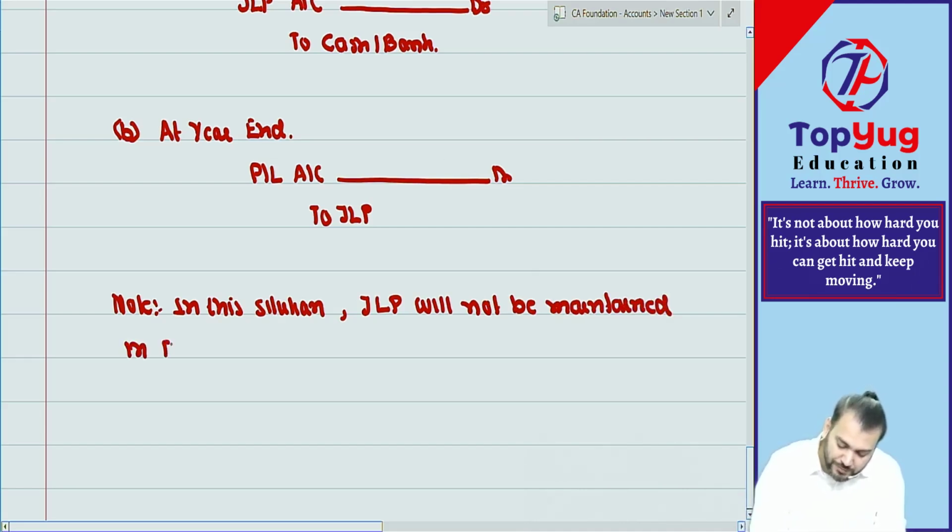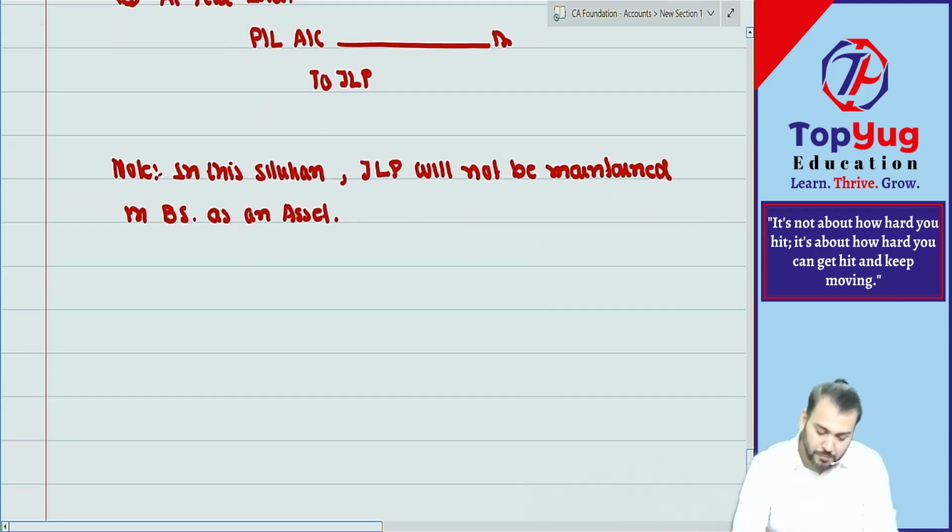Have you understood this point? JLP will not be maintained in the balance sheet as an asset. Correct.